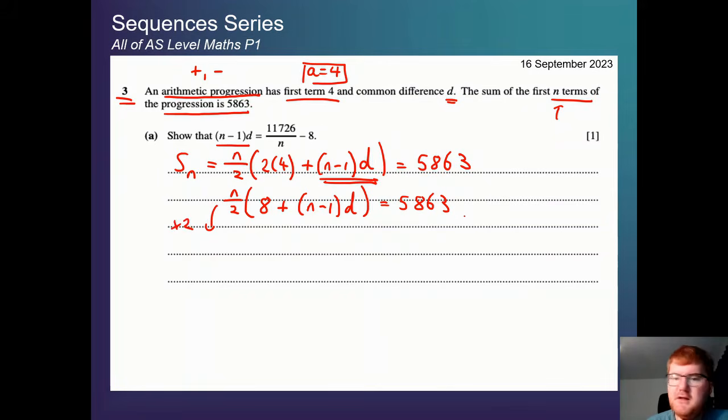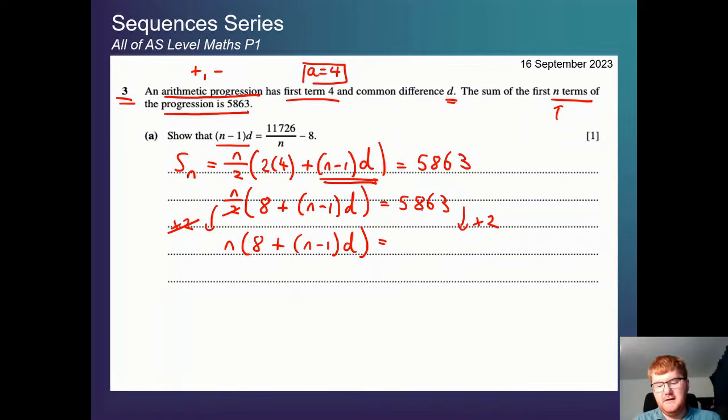So that seems a thing to do here. Again, fractions generally want to simplify here. So we can cancel this out, leaving us with n times 8 plus n minus 1 d is equal to, now 5,863 times 2 is 11,726. As soon as I see this in the question, I must be on the right track here.